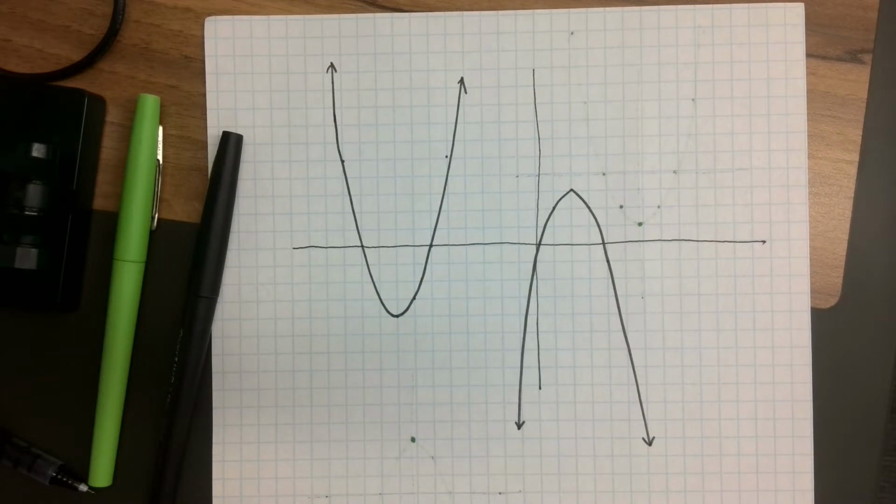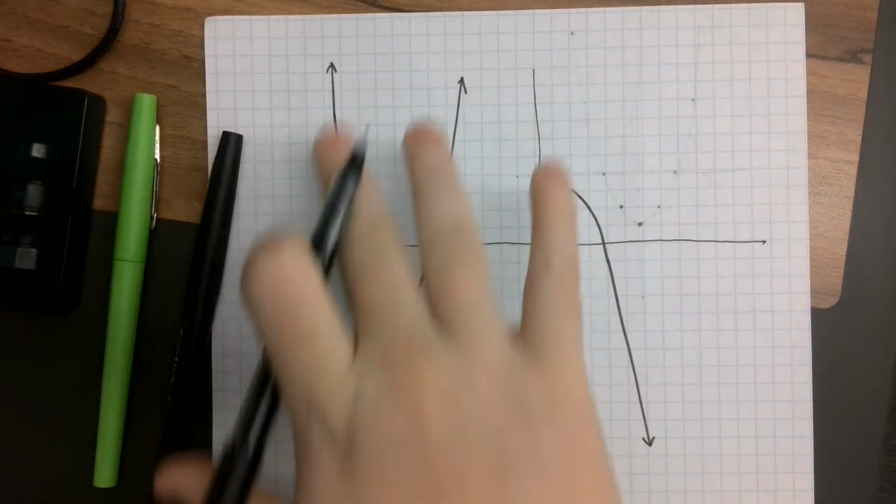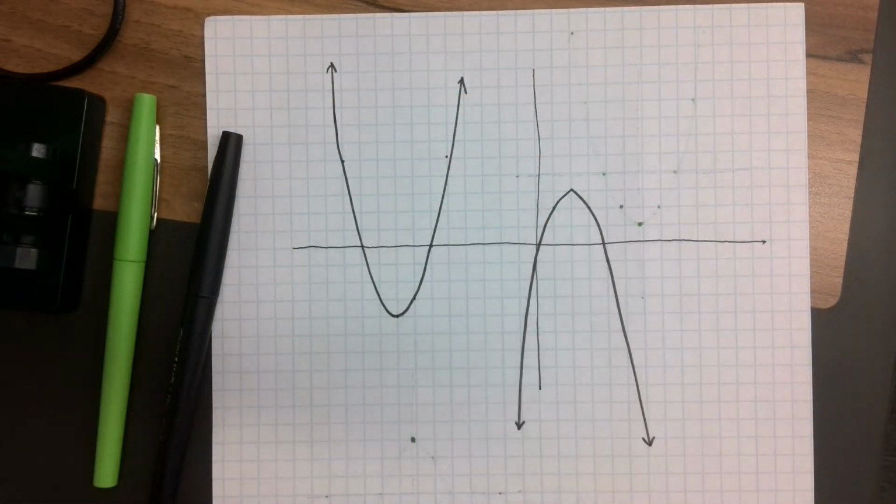Hopefully you've had a chance to copy this down. So, first things first, let's talk about what causes a parabola to go right side up or upside down. Remember that when we have a parabola going right side up or upside down, what type of transformation is occurring?